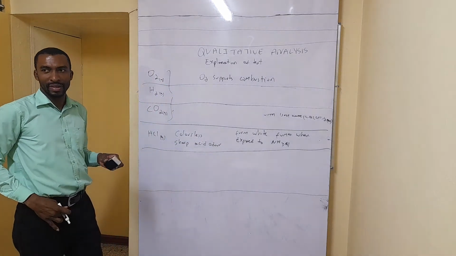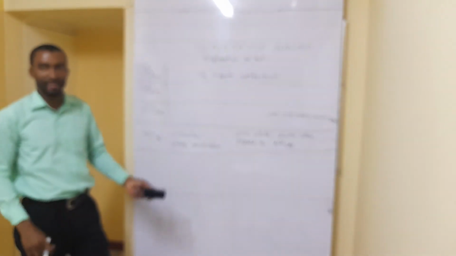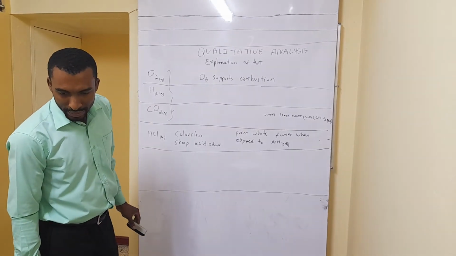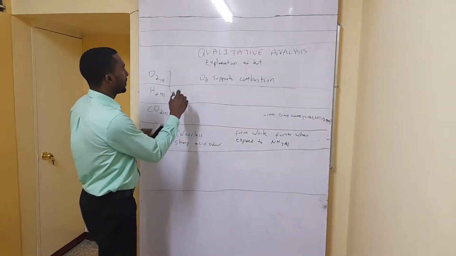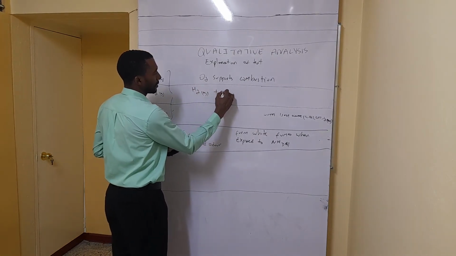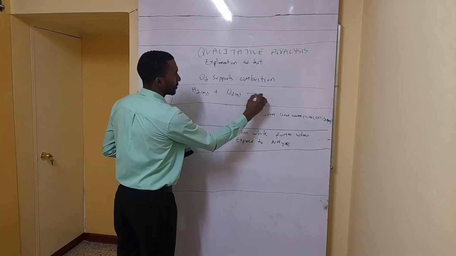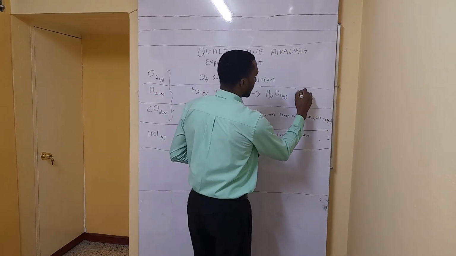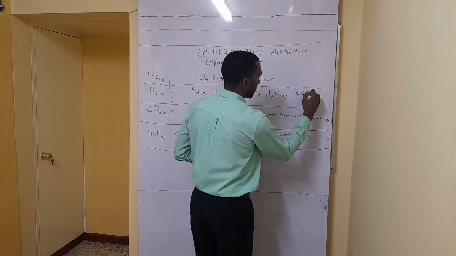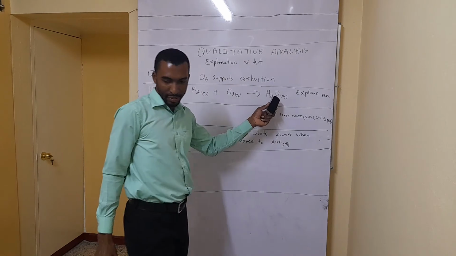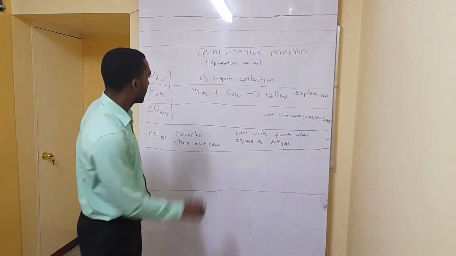One of the reactants needed to burn a material is oxygen. For the squeaky pop, it is hydrogen gas plus O2 gas to produce H2O gas. It's an explosive reaction. I say water vapor, because water in this form is water vapor.